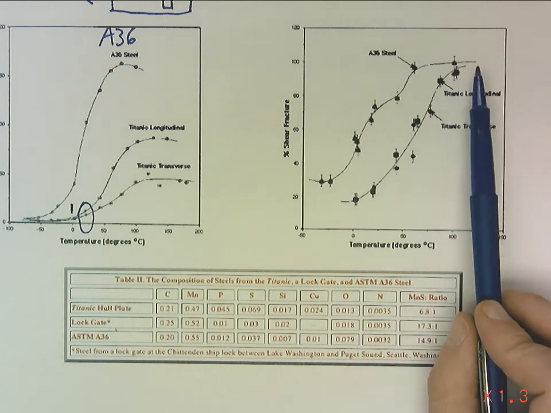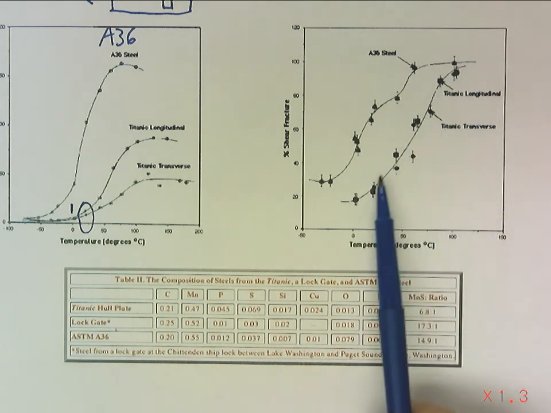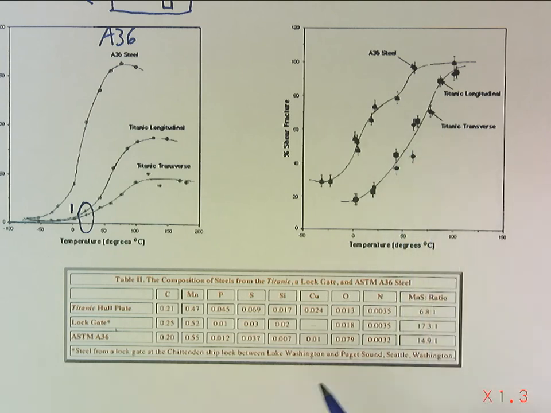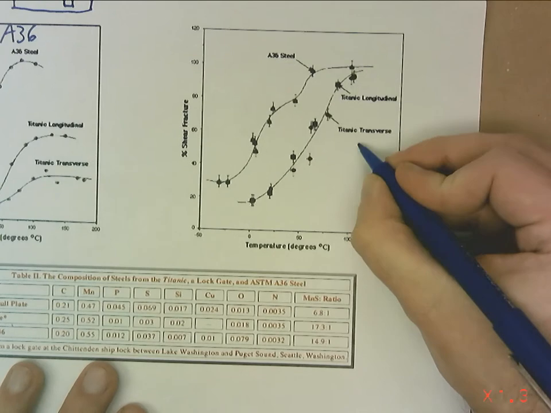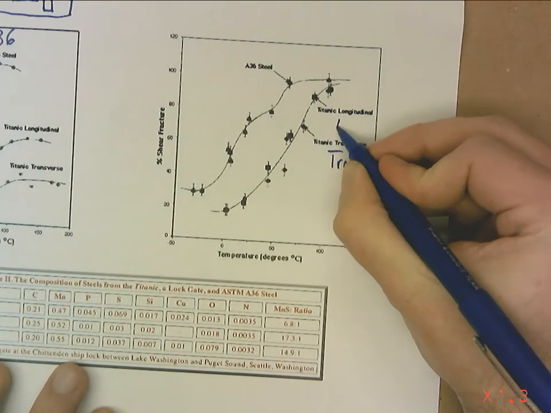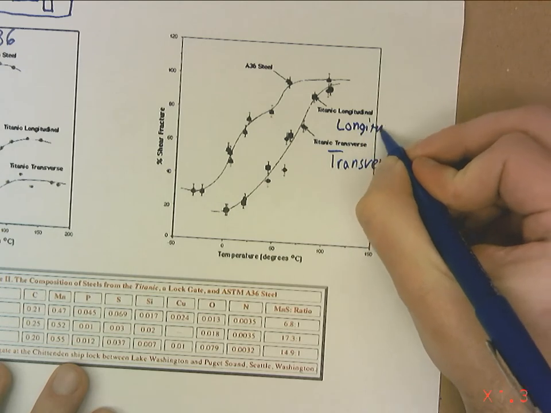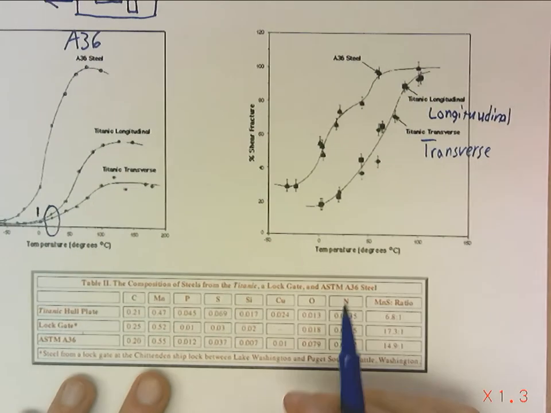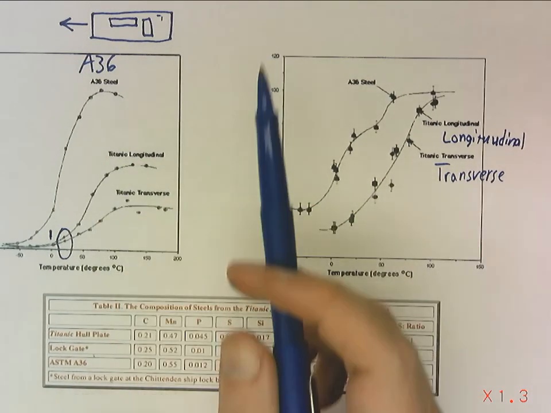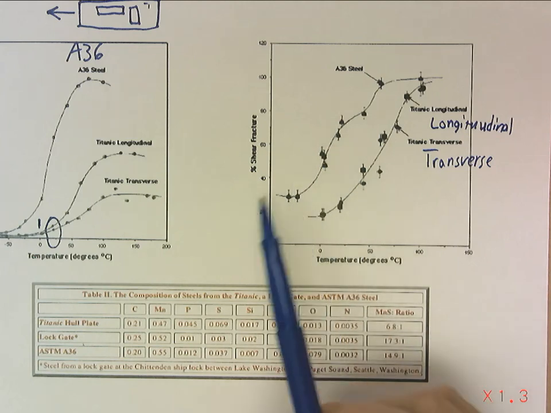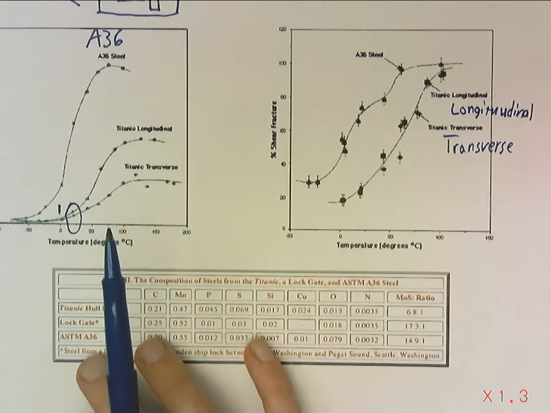Your data for both sets of the samples, whether they were transverse or longitudinal. So that's talking about, is it in the direction or is it 90 degrees to the direction of rolling? There's your modern steel. It's just ductile all the way around.